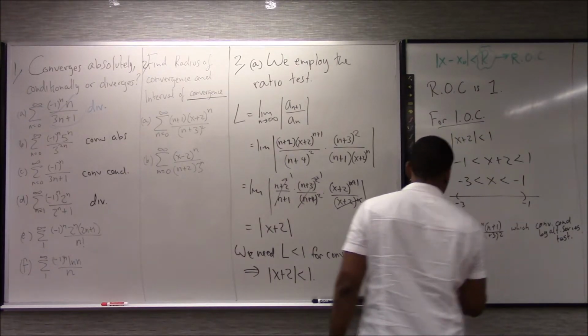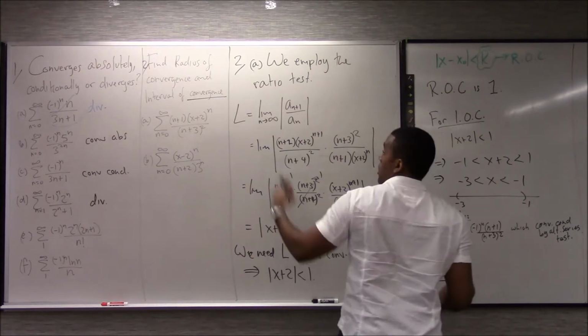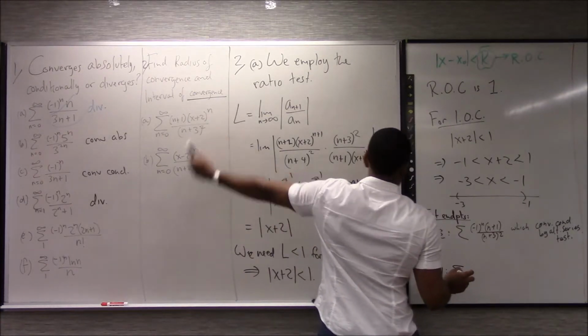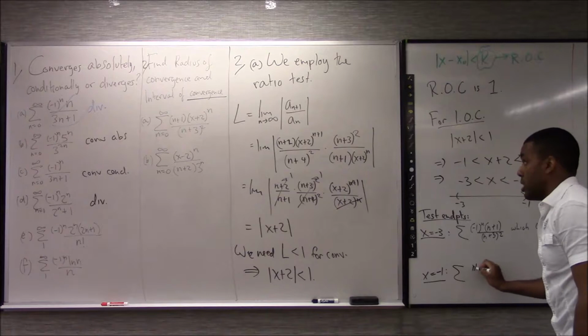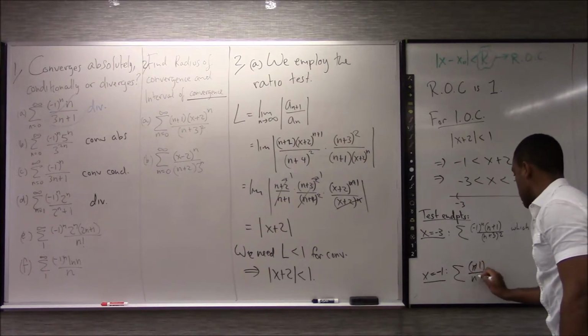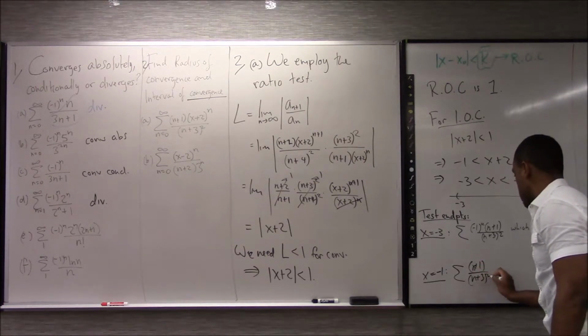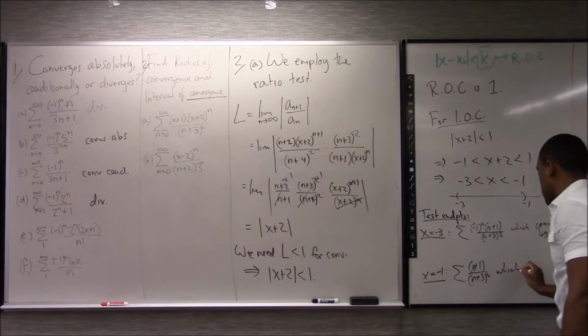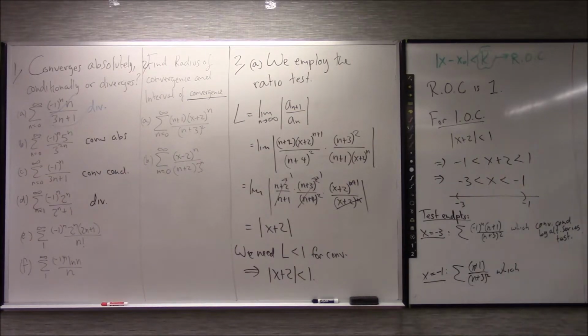And if I plug in minus 1 for x, go and plug into that series, I would just get n plus 1 over n plus 3 squared, which converges or diverges? Diverges.